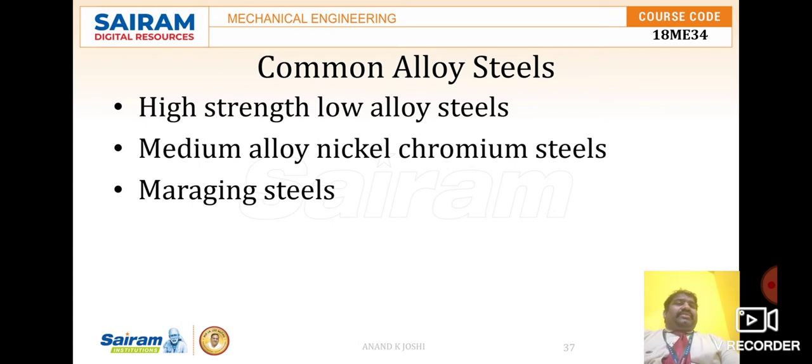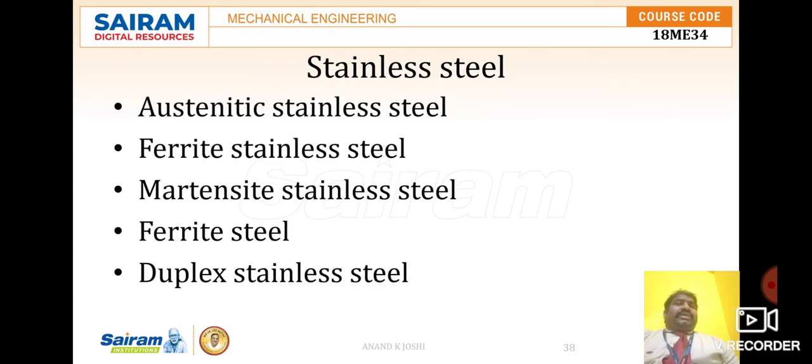Next we will discuss stainless steel. Stainless steel means an iron carbon alloy with chromium content ranging from 11.5% to 25%, depending upon the properties desired. The chromium helps to resist corrosion in steels.